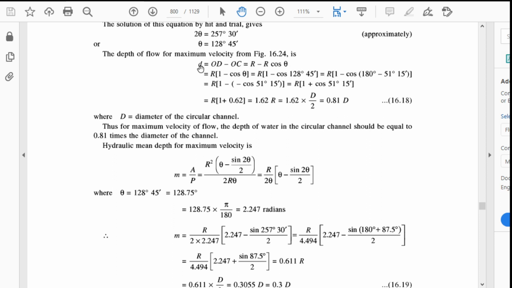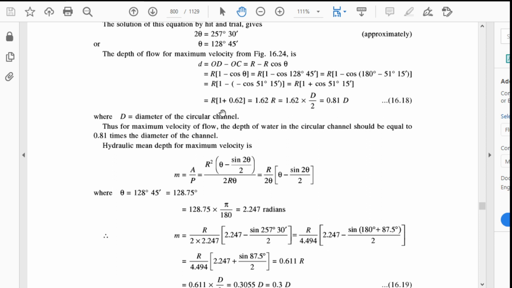You will get the depth of flow for the maximum velocity as 0.81 d. Okay, 0.81 d. Here you simply have to know how to do the mathematical calculations of geometric functions.